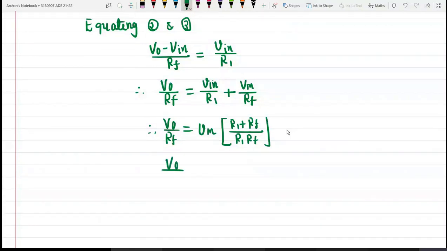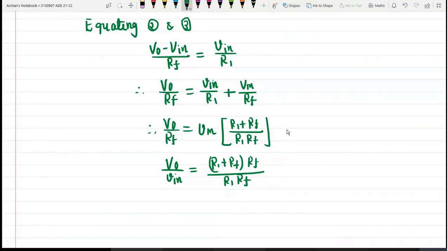So we have V0 by Vin is equal to (R1 + RF) into RF divided by R1 times RF.